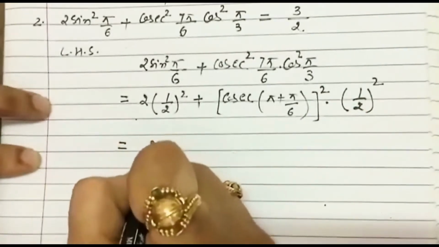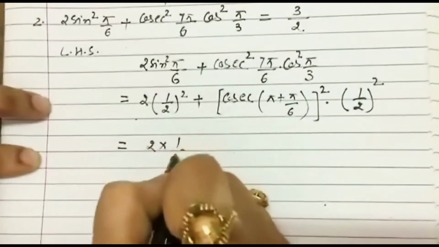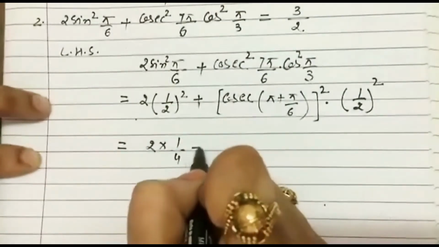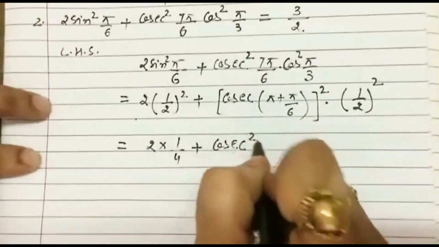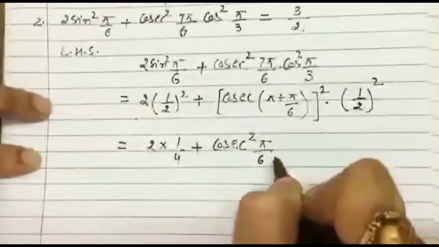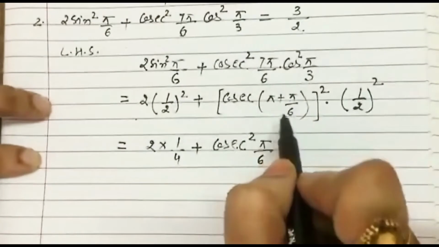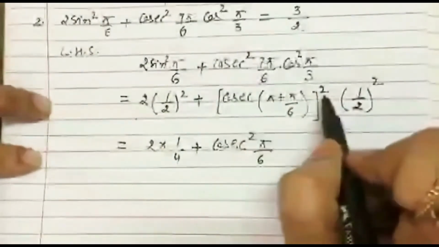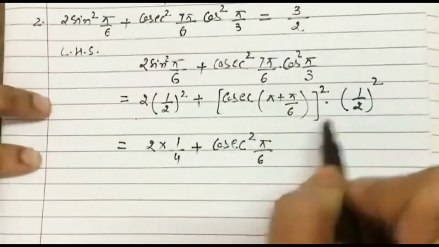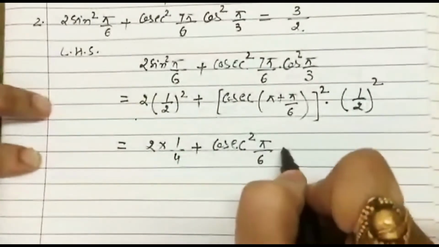So here it's 2 times 1/4, plus now you will get cosec² π/6 only. It is in the third quadrant. In the third quadrant cosec is negative but here a square is given, that's why we are taking it positive.